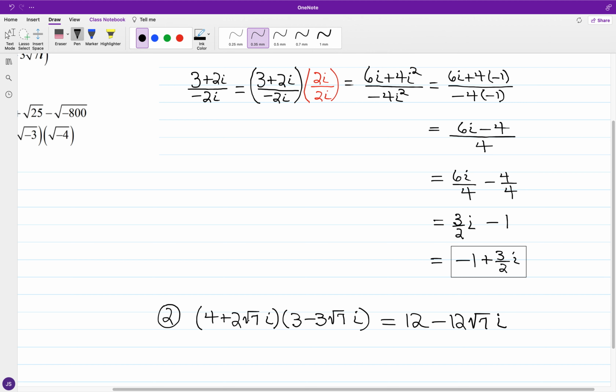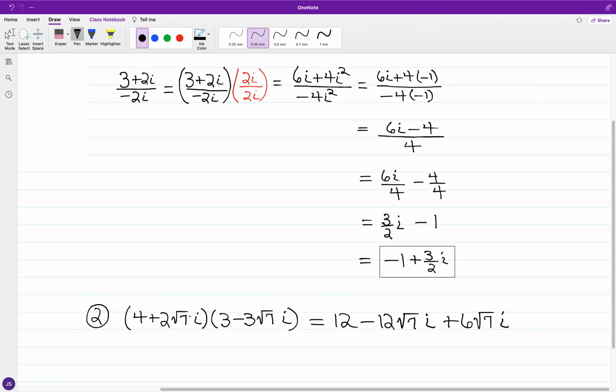We have 2 square root of 7i multiplied by 3, so 6 times the square root of 7 times i. In the case of the last product, we have 2 times negative 3, so for this part we have negative 6. For the radicals, we have the square root of 7 times itself.